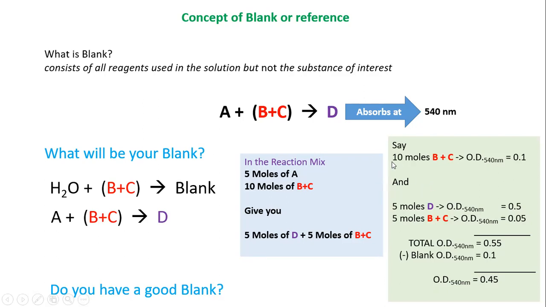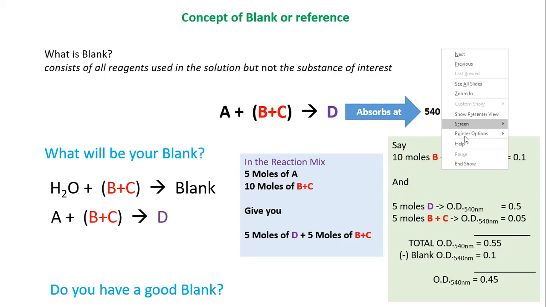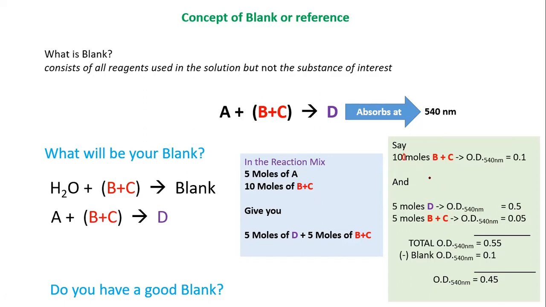Okay, now imagine instead of 10 moles of B plus C in your blank, or the amount that you add in the reaction, imagine that you are adding 100 moles of B plus C. Now again, just a consideration, imagine that 100 moles give you an absorption of 0.1, out of which 5 moles are used in the reaction.